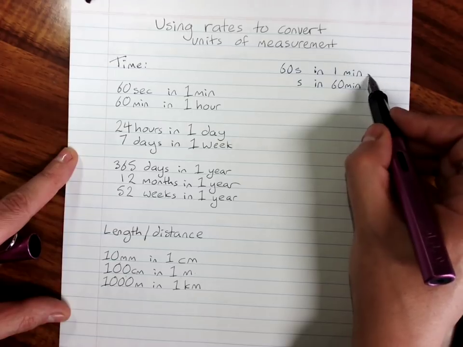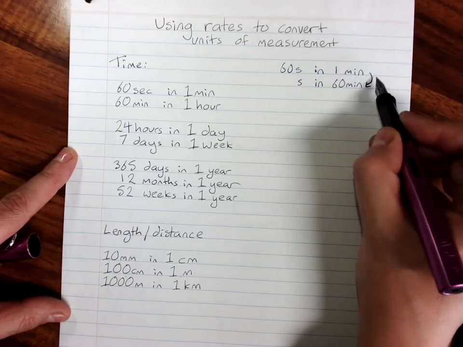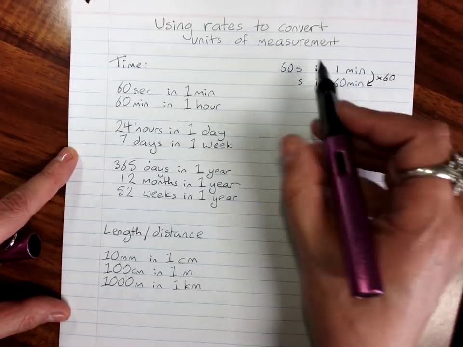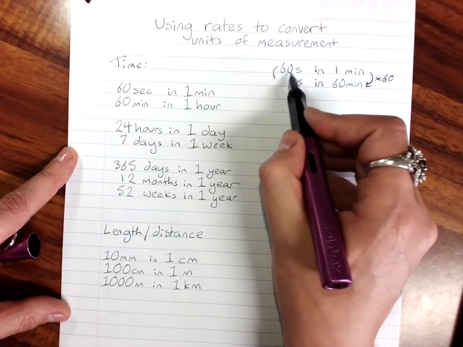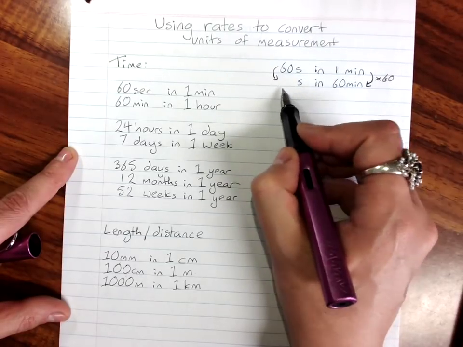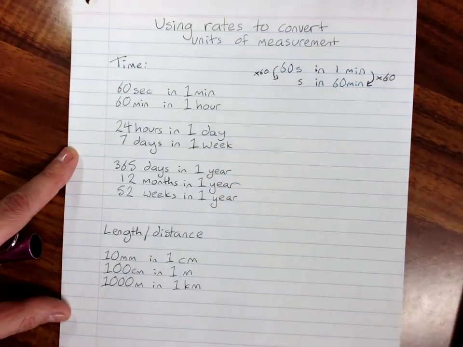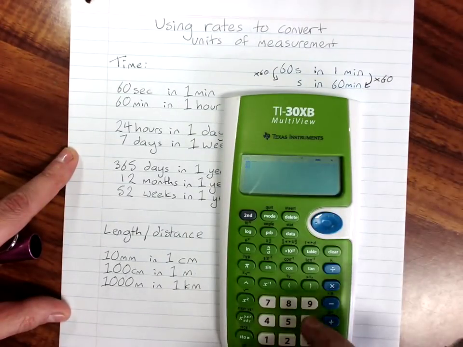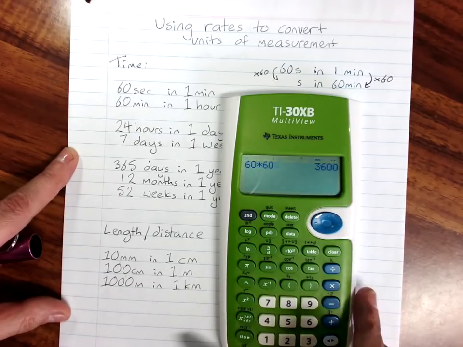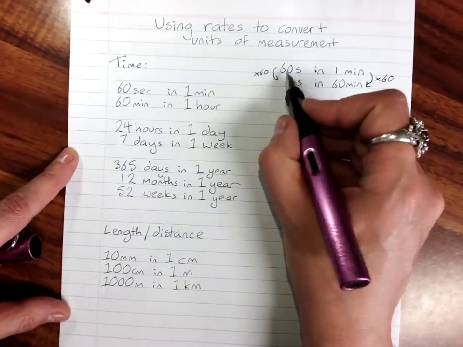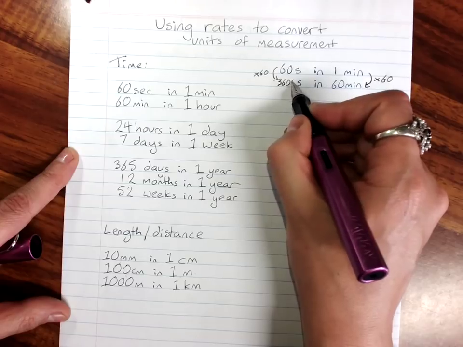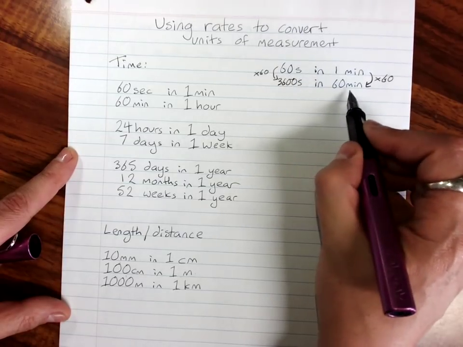To get from 1 to 60, I multiplied by 60. So to get from 60 seconds there up to the right number of seconds for an hour, I'm going to multiply that by 60 as well. 60 times 60, 3,600 seconds in 60 minutes.